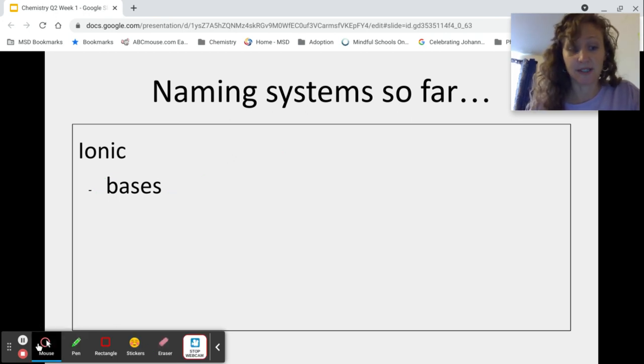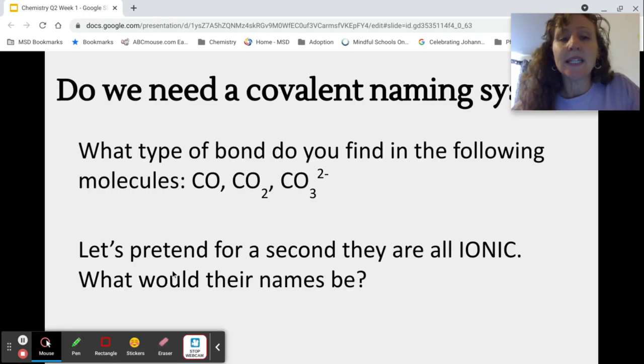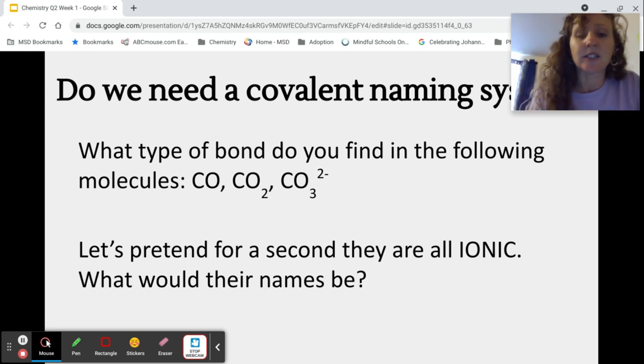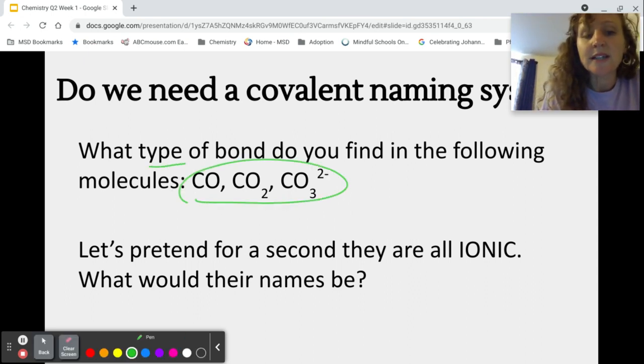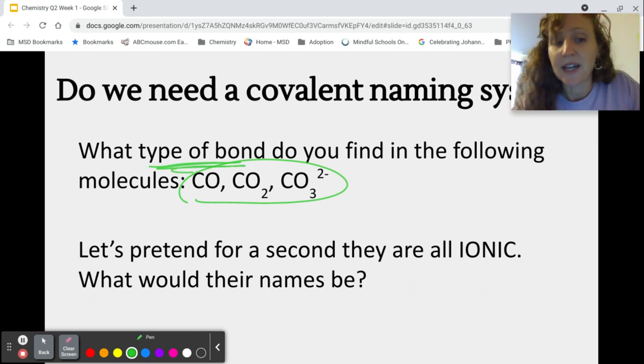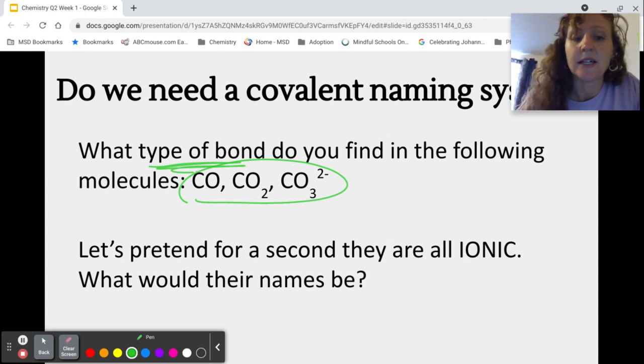So the question is, do we need a covalent naming system, or can we just name our covalent compounds the same way we name ionic compounds? So let's take a look. First of all, take a look at these three compounds here. Tell me what type of bond you're going to find in these molecules. So this would be a good place to pause the video and see if you can figure out the type of bond.